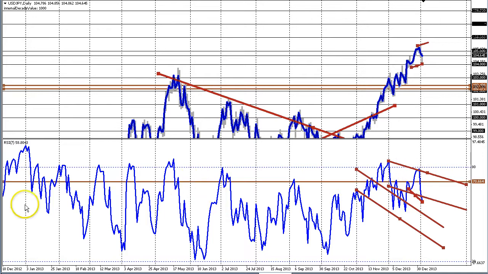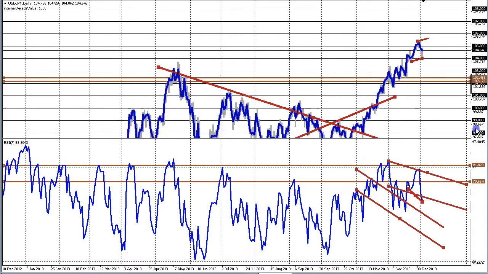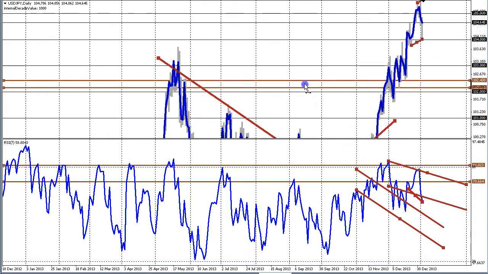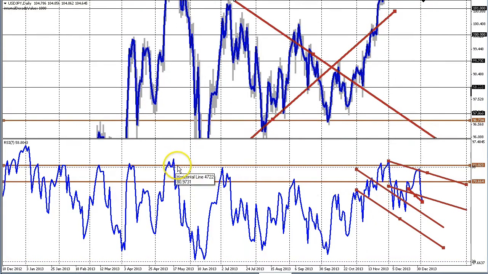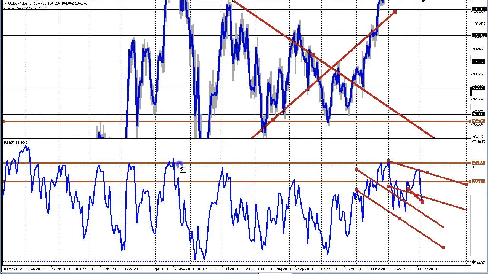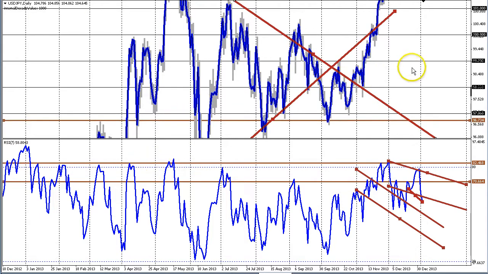So this is a big key, and then of course this 80 level. If you really drill down on these micro tops, how they play out, see how absolutely severe this pivot window is.